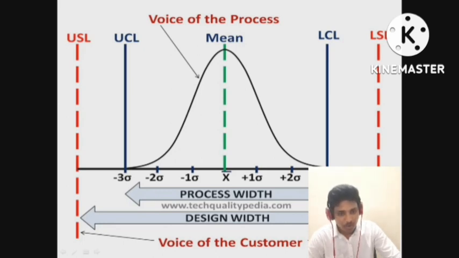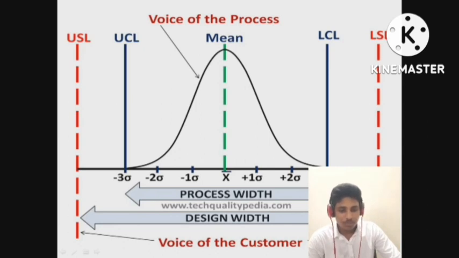If the voice of the process is within these two limits, the process is capable. If it comes out of these limits, the process is capable but not sufficient to produce the quality product. If it also comes out of the USL and LSL, it means the process is not capable and does not have the ability to produce a quality product.